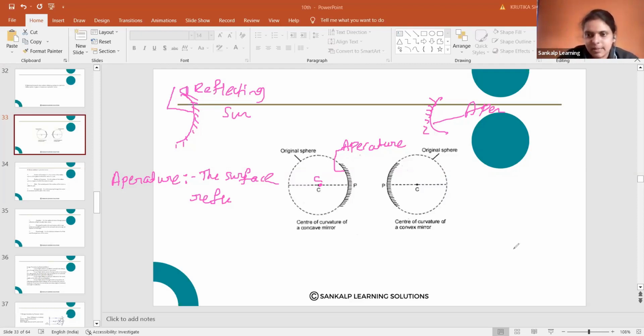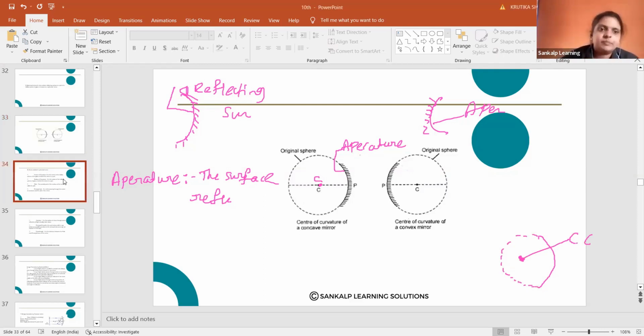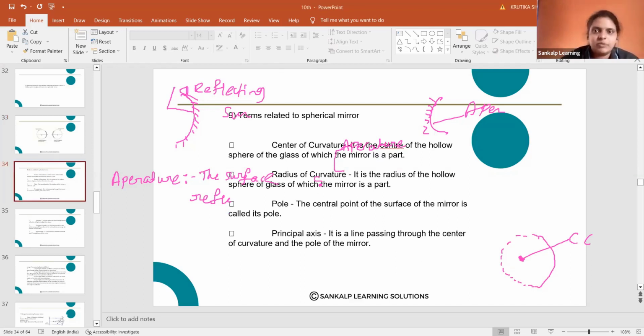So this is my concave mirror, and this is the center of curvature. Suppose I draw the imaginary sphere with respect to this center, this is called the center of curvature. You can see the textbook definition which we have written here.